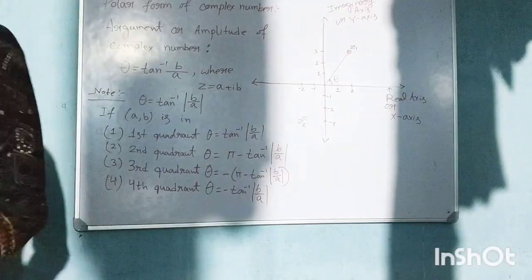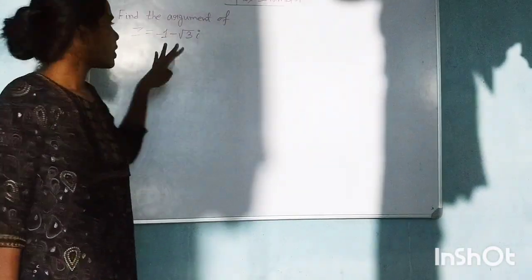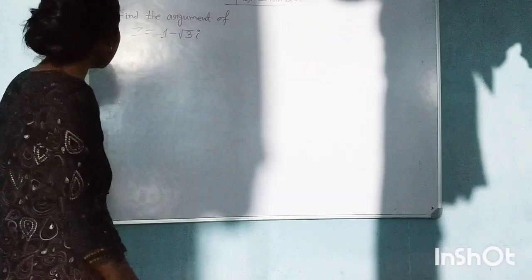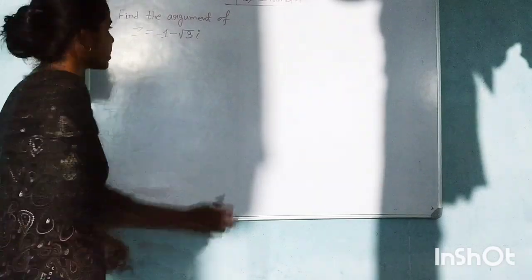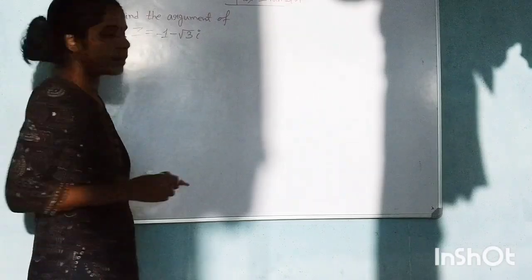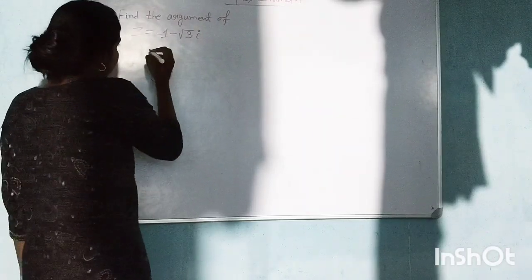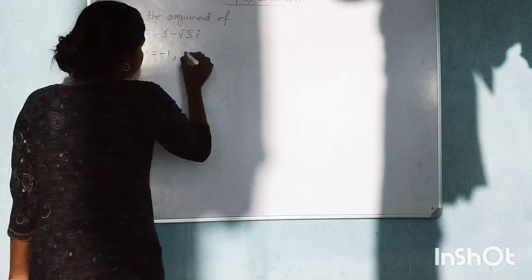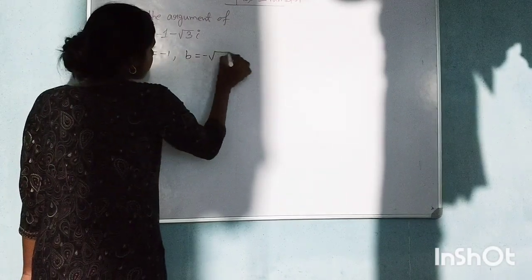And now see one question. Find the argument of z equal to minus 1 minus root 3i. What I have said is that first we will see what is a here. A is minus 1 and b is minus root 3.